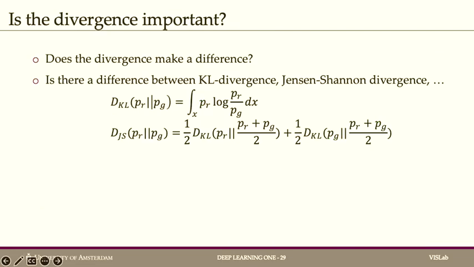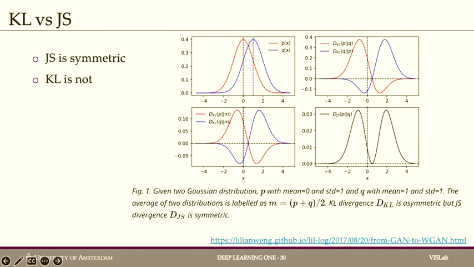The question is, of course, why is it the JS divergence? It could be any kind of other divergence measure. There's the KL divergence that we've had, but there's a bunch more. We can compare these as the main ones that we've been talking about.